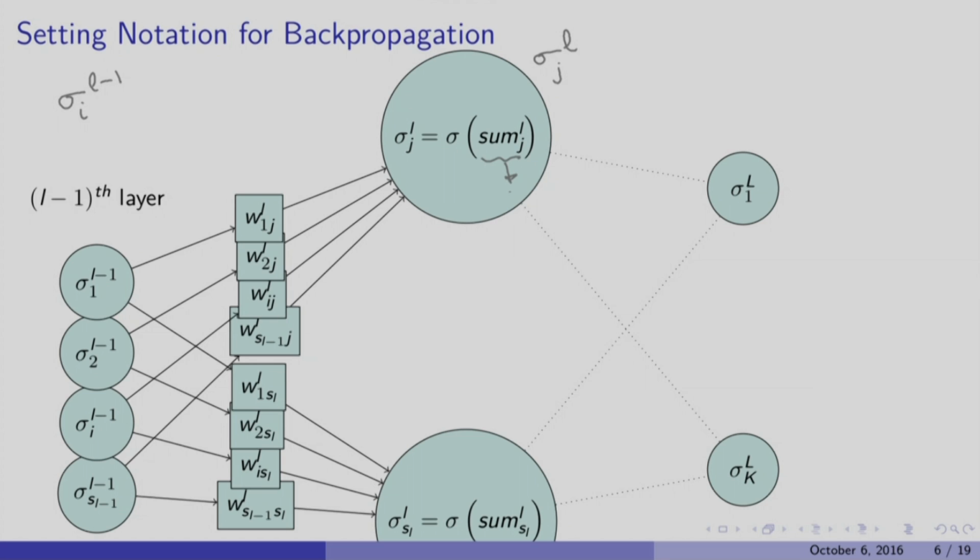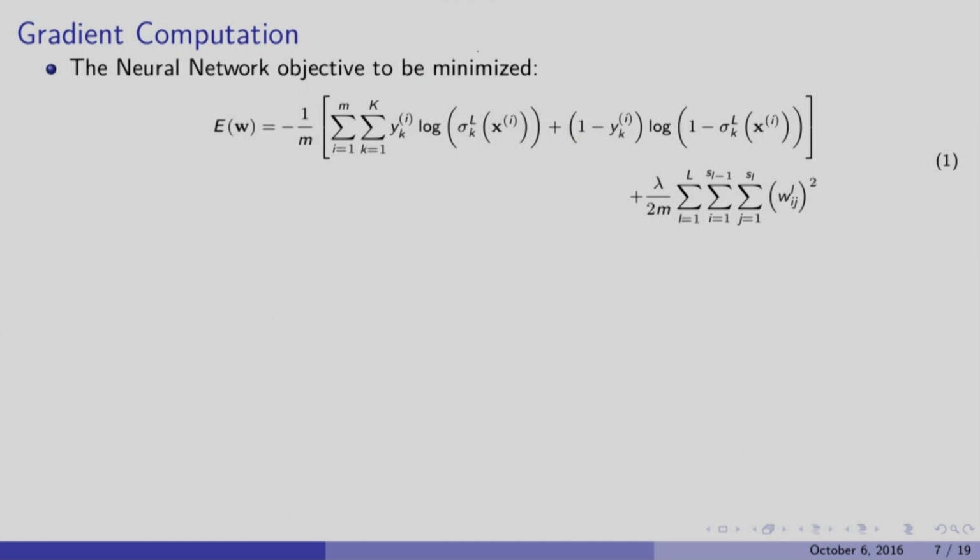So the sum is going to be a weighted sum over the sigma i(L minus 1), i ranging from 1 to S(L minus 1), and the weights will be Wij(L). This will again recur in the following layers.